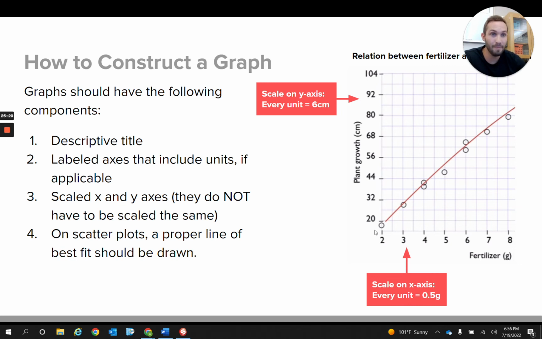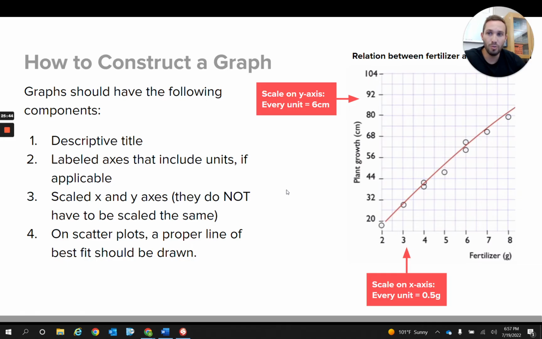So you need all of that set up on your axes. They should be labeled and include units. And then lastly, you obviously need to have the data plotted. In this case, we have 2 continuous variables, and we're trying to see if there's an overall trend. So this is a scatter plot, and then they're drawing a line of best fit through that data. And that's how you construct a graph.